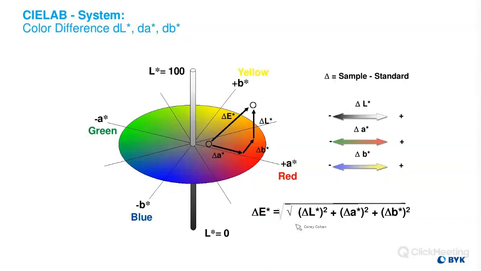What this actually is, is just the distance formula in this LAB space. If you were to plot 2 sets of LAB values in this space and measure the distance between them, that's all delta E is. It's just the distance between these 2 points in the CIE LAB color space.